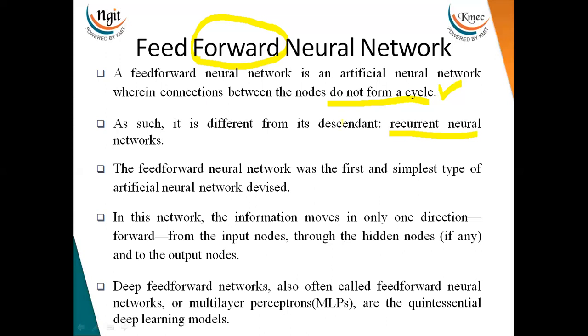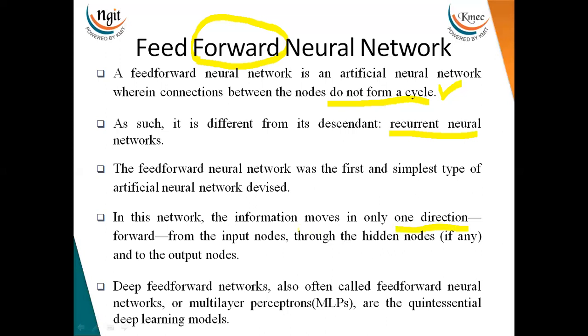Just like our tree and graph: a tree does not contain any cycle, but a graph can. In the same way, a feed-forward neural network does not contain any cycle. Means we proceed only in the forward direction and never come back in reverse. It is the simplest type of neural network, in which we follow only one direction.